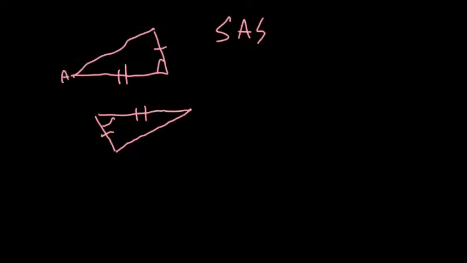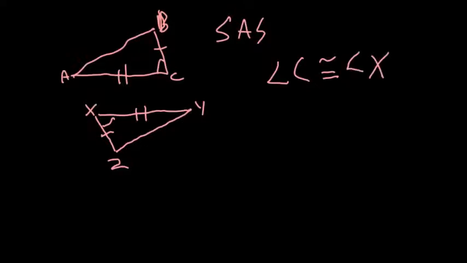Let's give them some letters: A, B, C, and then X, Y, and Z. So if you want to make congruency statements, you would say angle C is congruent to angle X. You could also say side XZ is congruent to side AC.